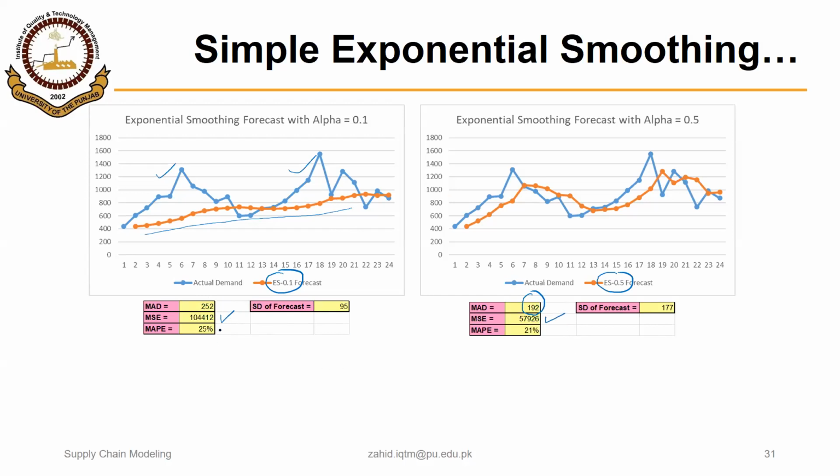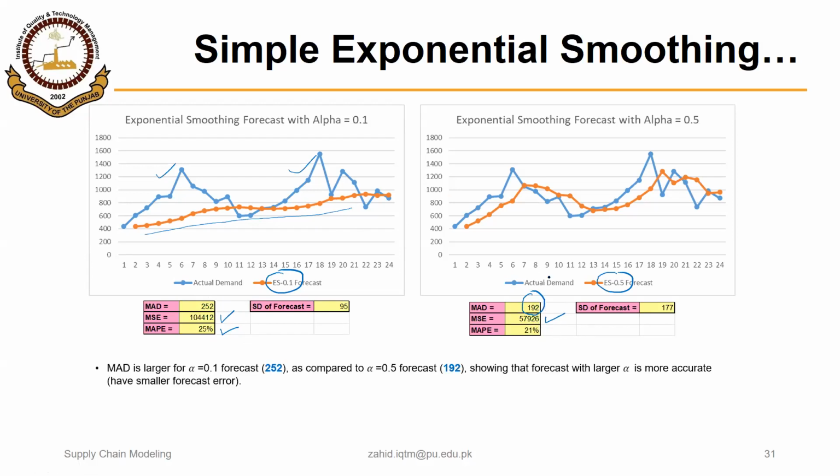Similarly, MAPE is larger for alpha 0.1 and smaller for alpha 0.5. So that is the point. If there are random variations in the data, you should use larger alpha and vice versa.